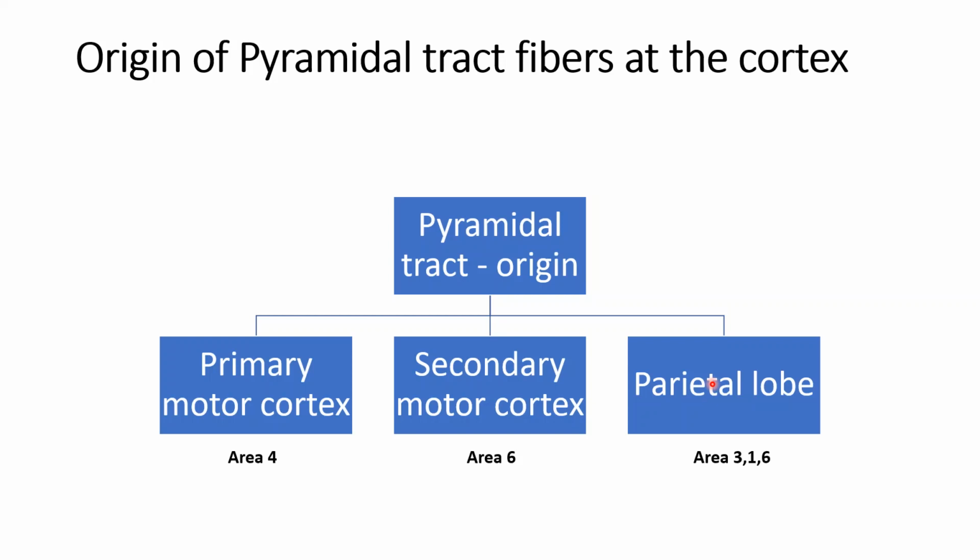Though by anatomical description they are equal, so the fibers are equal in proportion which contributes the pyramidal tract. In reality, the strength of the fibers falls squarely on the fibers which originate from the primary motor cortex. So why is this relevant?